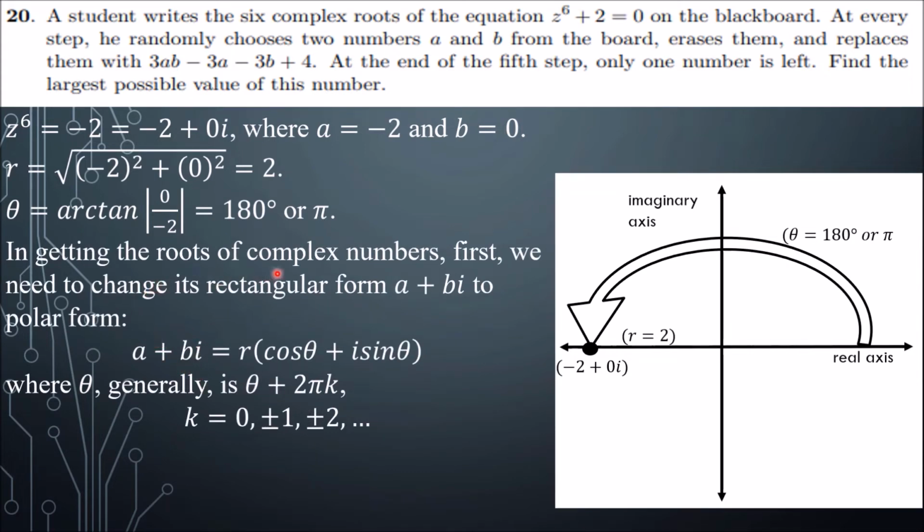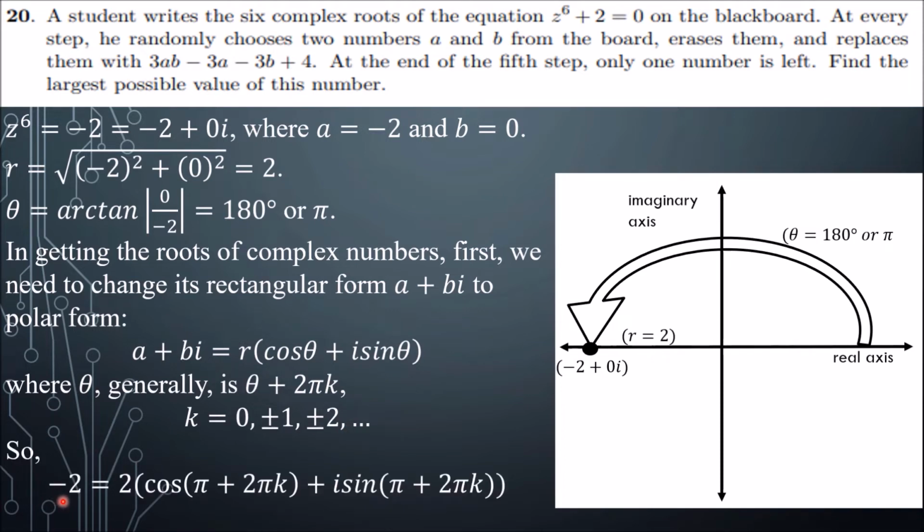In getting the roots of complex numbers, first we need to change its rectangular form a plus bi to polar form. This is how we are going to do that. A plus bi is equal to r times cosine theta plus i sine theta. This is the polar form of the complex number, where theta generally is theta plus 2 pi k, k is equal to 0, positive negative 1, positive negative 2, and so on and so forth.